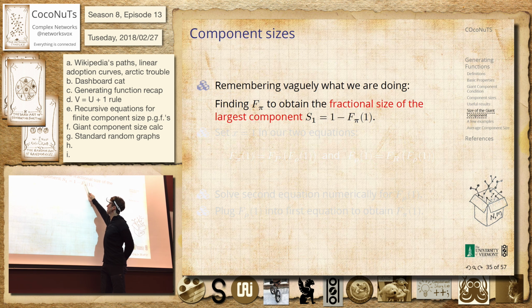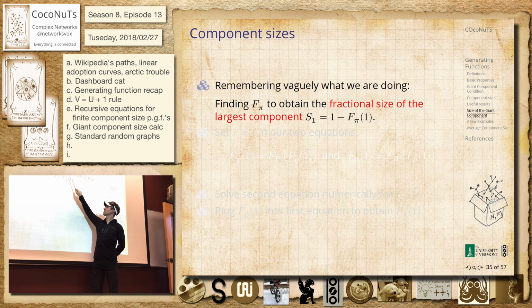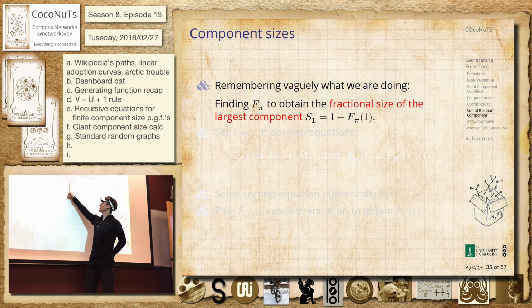the largest component. And so this is a situation where, normally with these probability generating functions, when you evaluate them at 1, you're adding up all the probabilities, right? So the x to the 1, x to the 2, they're all 1, so it's just going to be p0 plus p1 plus p2. You're adding the probabilities. But there's a slightly important way we've been saying over and over, which is that these are finite components, right?